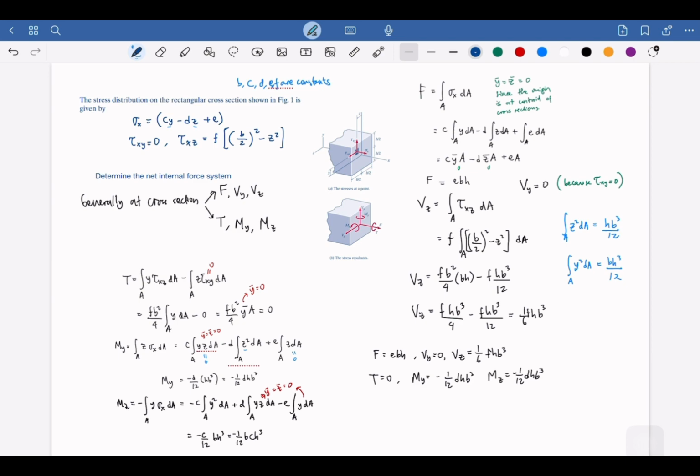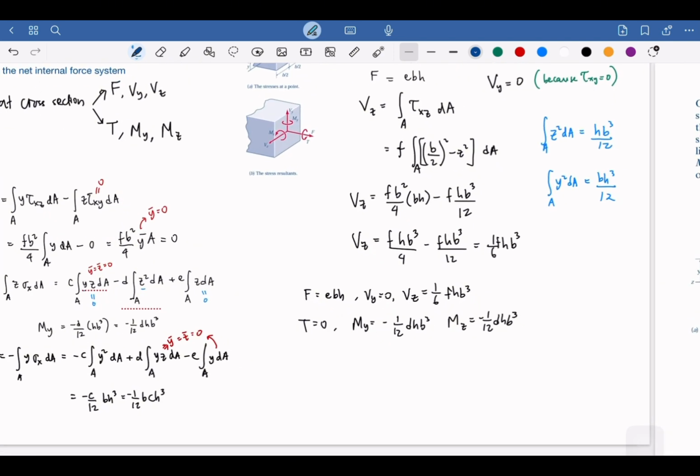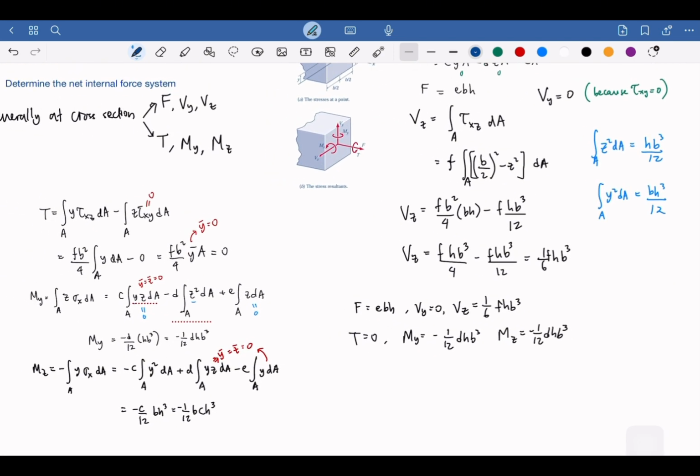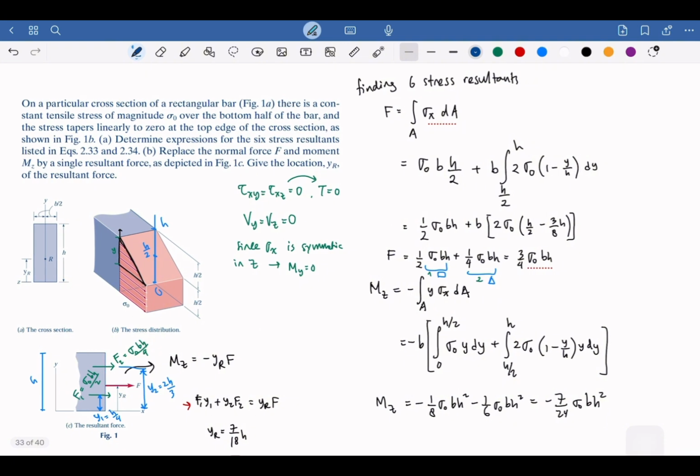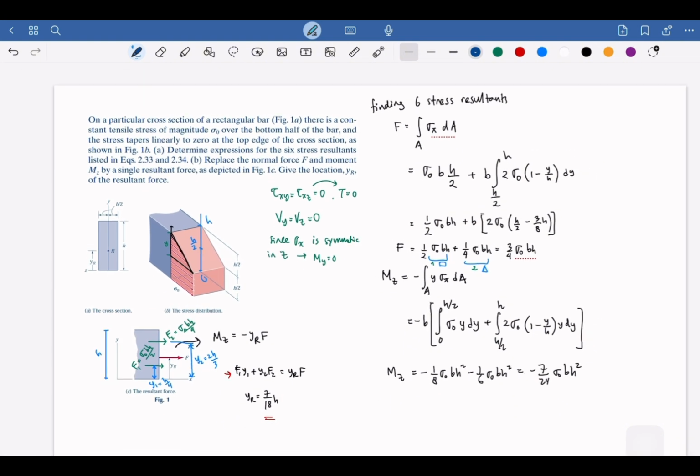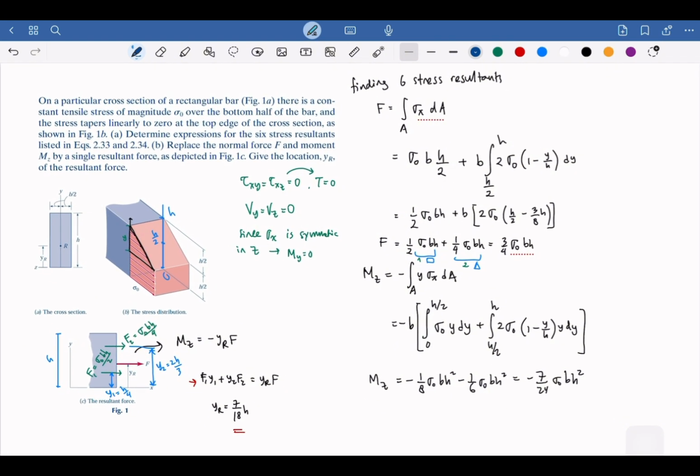And we get everything calculated, finding the force, moment, using the centroid, and based on the inertia. And then there are some examples also of how to find the stress resultants. And this is one way.